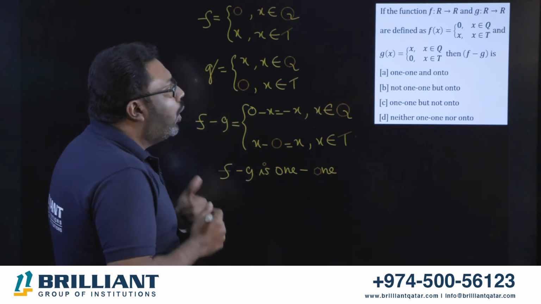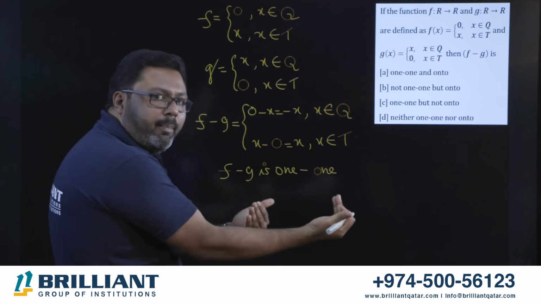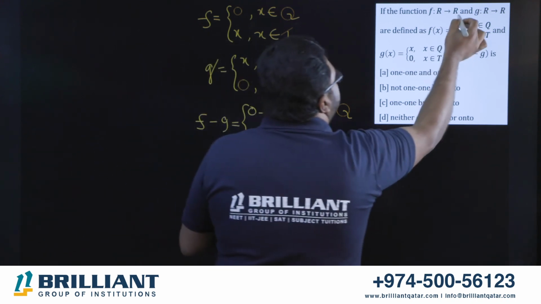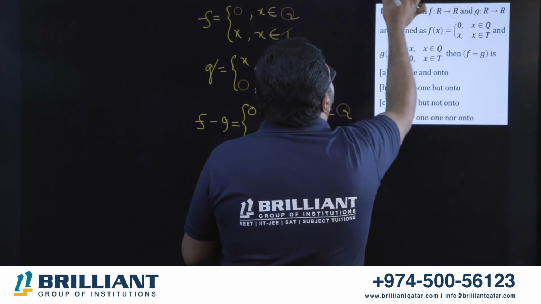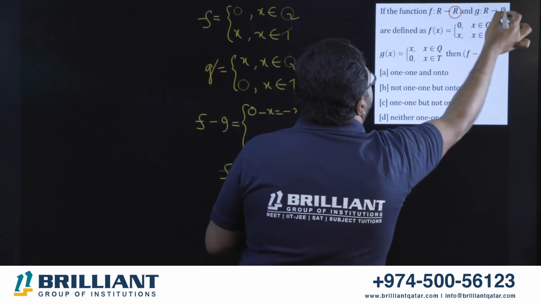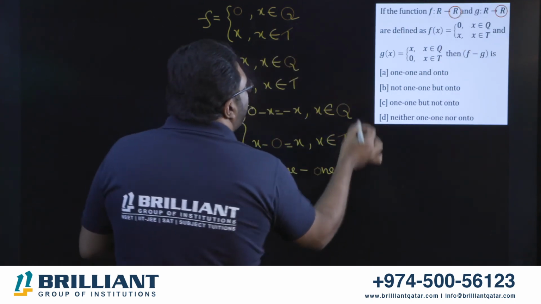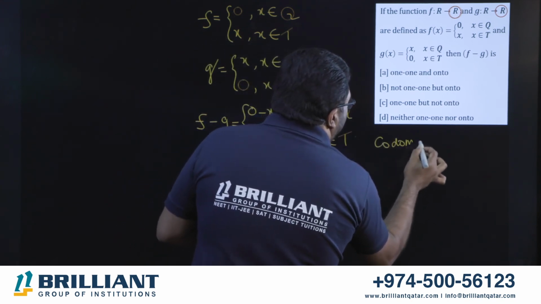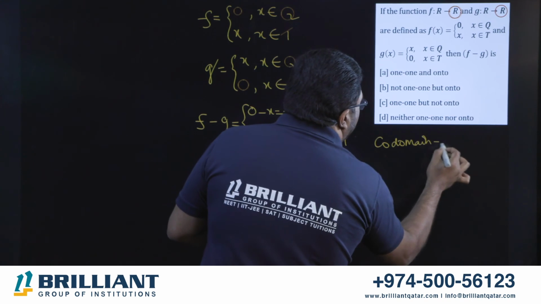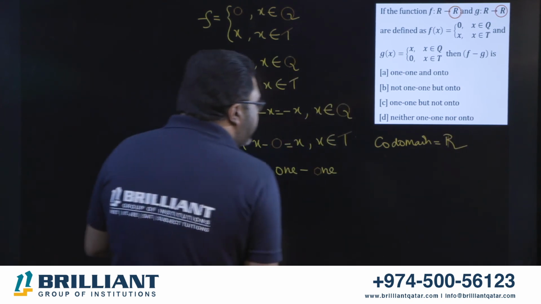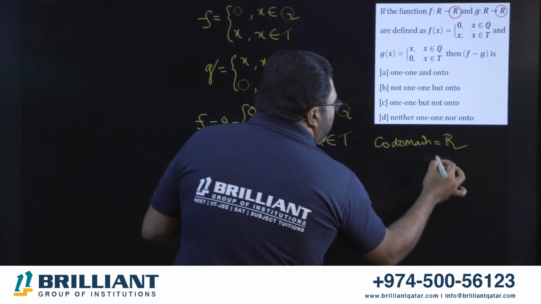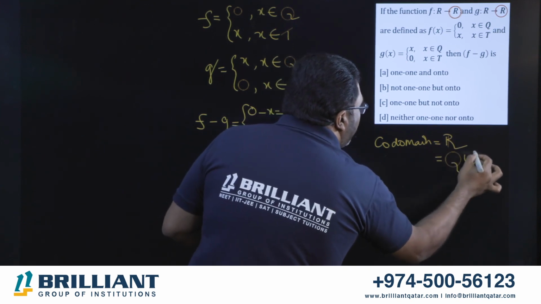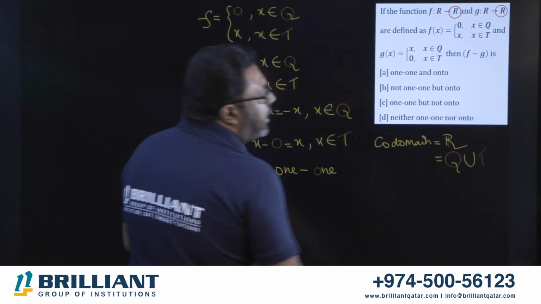What about onto? Onto says every element in the codomain is obtained. Look at it, it is R, the set of all real numbers to real numbers. So my codomain is R. You have learned in 11th standard that real numbers is the union of rational and irrational numbers.